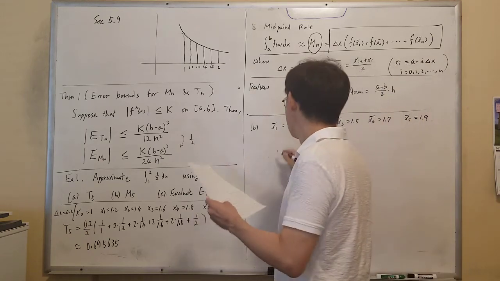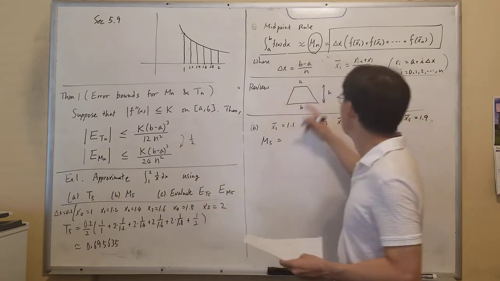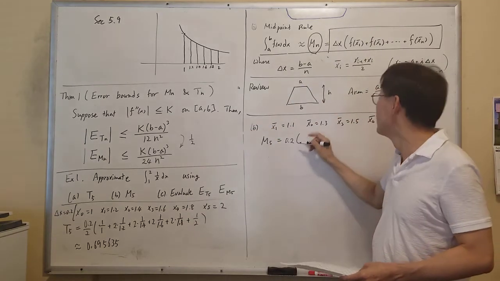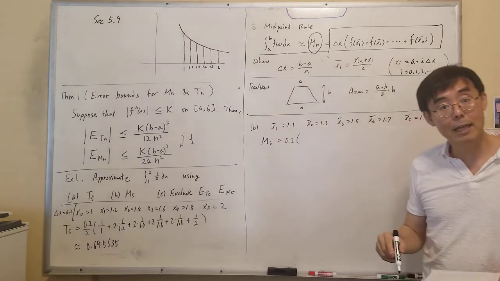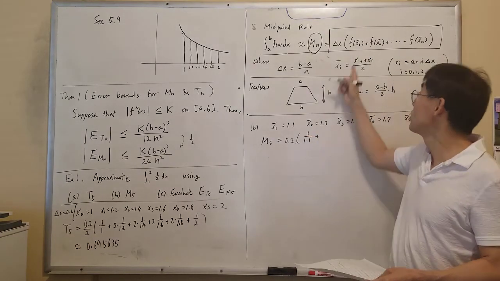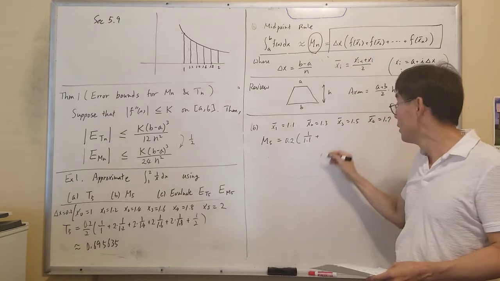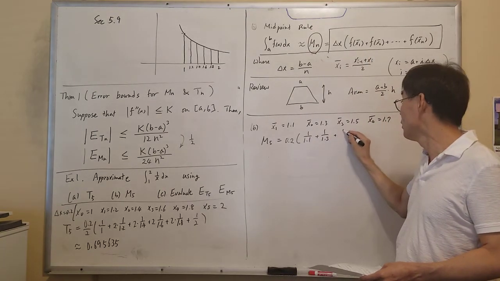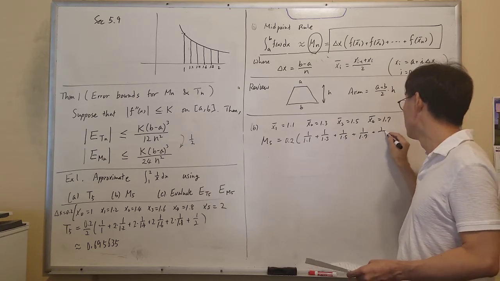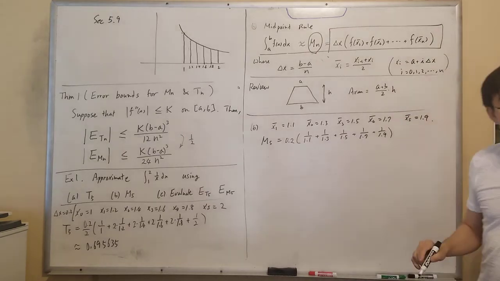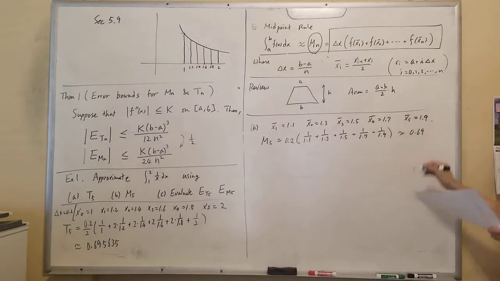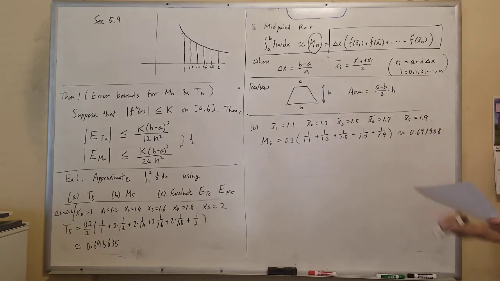So your M5 is delta x, in this case 0.2, times the function value at x1 bar, so 1 over 1.1, plus the function value at x2 bar, 1 over 1.3, and you do the same thing for 3, 4, 5. Okay? And then calculate it. Then you get 0.691908.